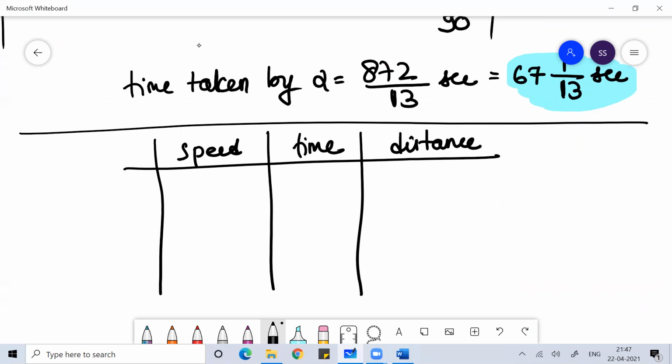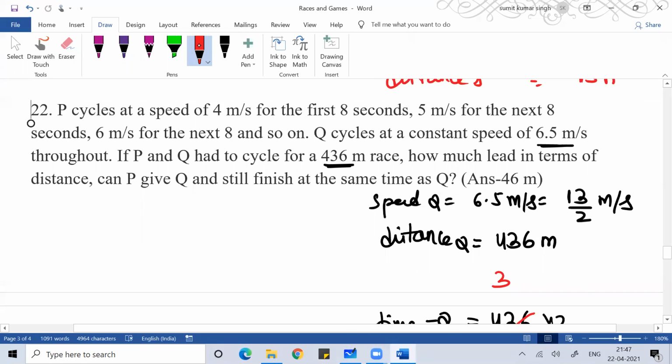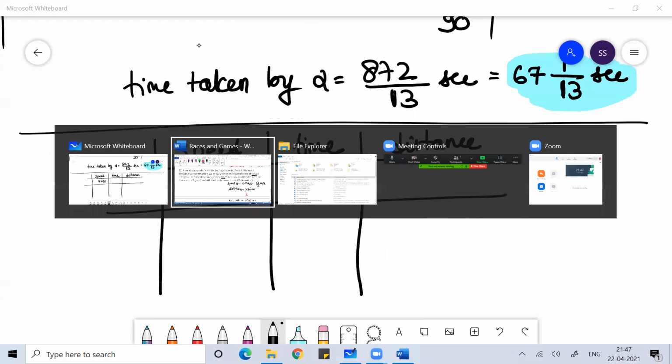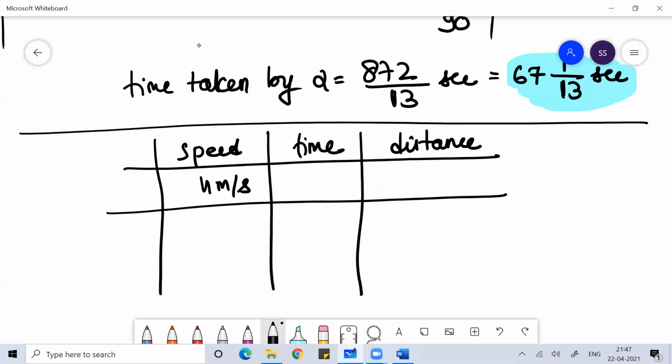Here, in this scenario, P cycles at 4 meters per second for the first 8 seconds, so it is gonna cover 32 meters.